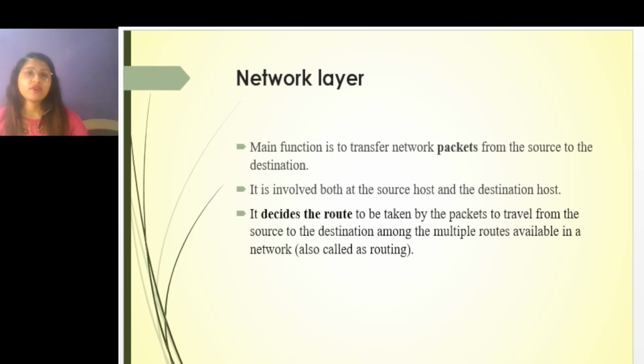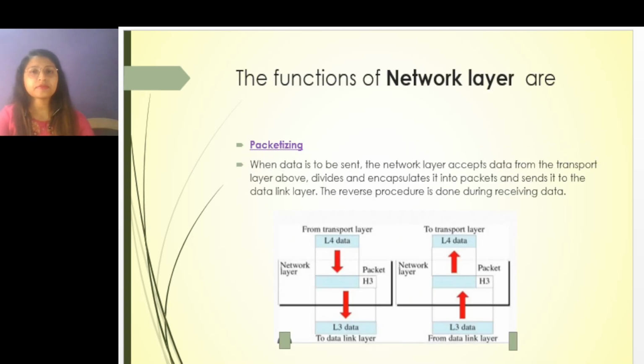What are the main functions of the network layer that we are going to study? The first main function of the network layer is packetizing. What do you understand by the word packetizing?